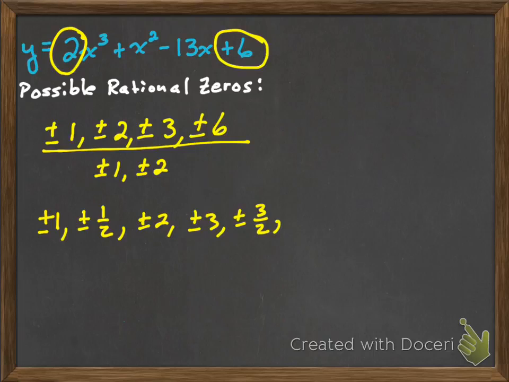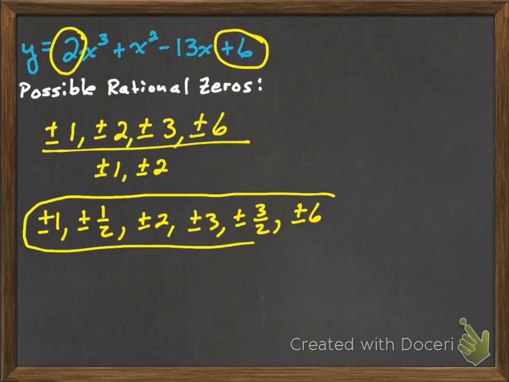And then we move on to the 6, so that's going to be 6 over 1 and 6 over 2. Now 6 over 2 is 3, and we already have that value in our list, so we do not need to put that in here anymore. So this is our list of possible rational zeros.